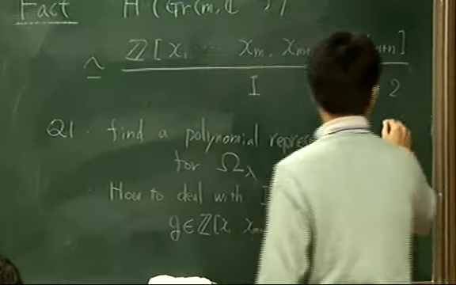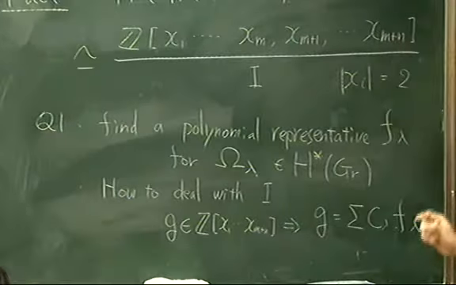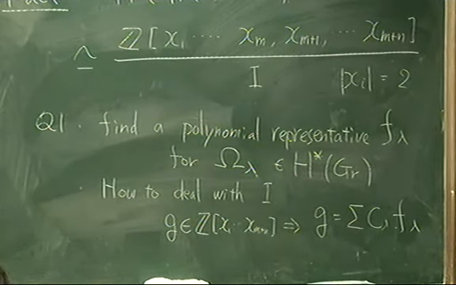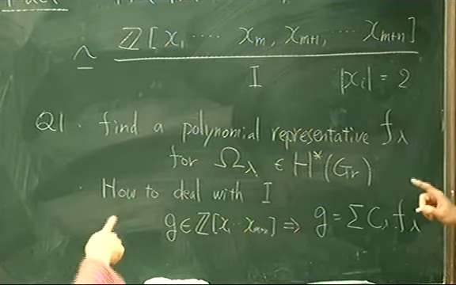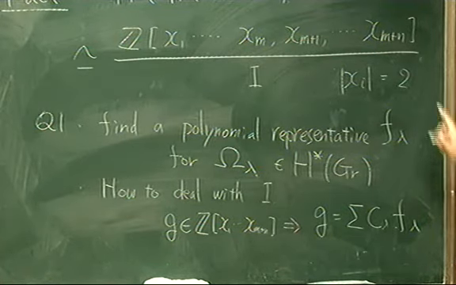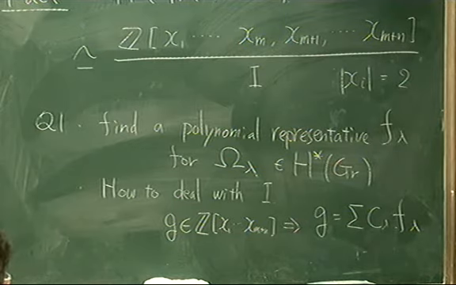Find your polynomial representative. In that presentation, do you mean xi is of degree 2 or degree 2i? Degree 2. The degree of xi is 2.